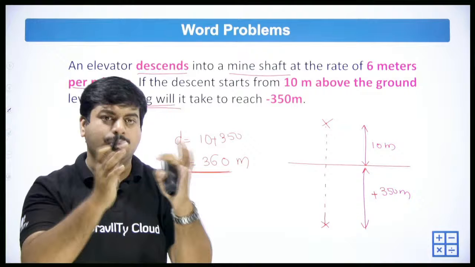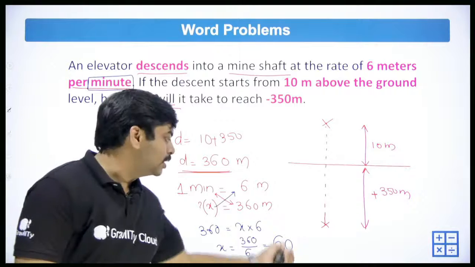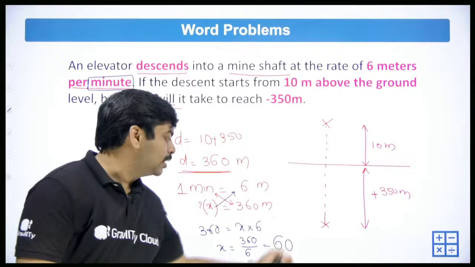What are the units? Okay, is it 60 seconds or 60 hours? You know that it is 6 meters per minute. The units are very important. When you say 60 without mentioning the units, you don't know whether it is 60 seconds, 60 minutes, 60 hours, 60 days, 60 years. We cannot say that. So always you should be very confident with the units.